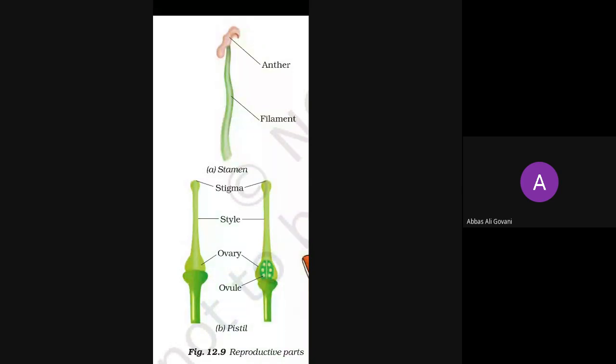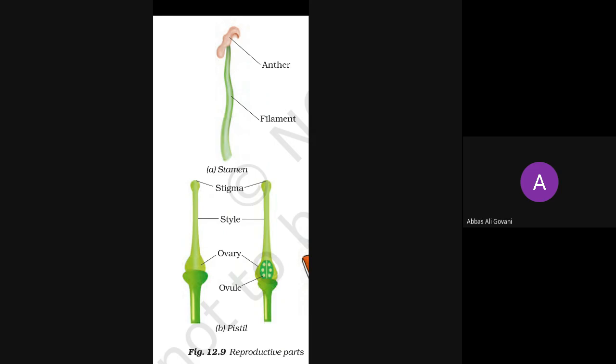In stamen, there are two things: the anther and filament. In pistil, ovary, style and stigma. These three parts are there. So, an exam may say that if I write the parts of reproductive part in a plant, then you will get this part. Clear?